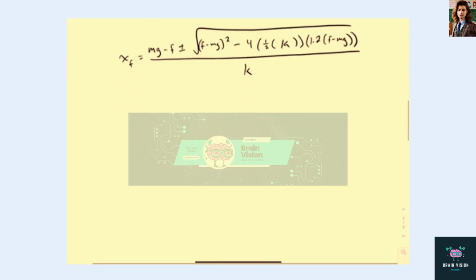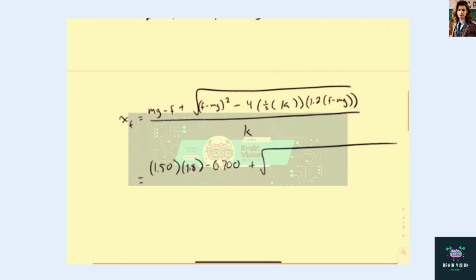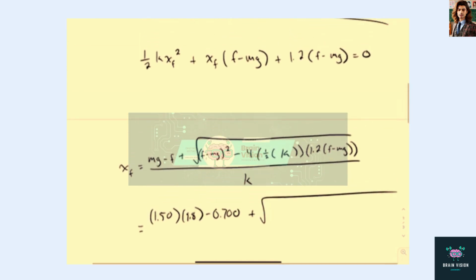Okay, so now let's plug in these numbers. 1.5 times 9.8 minus 0.7 is the force. Plus or minus, and we're just using the plus actually, because the last answer, if you did the minus, you get a negative.